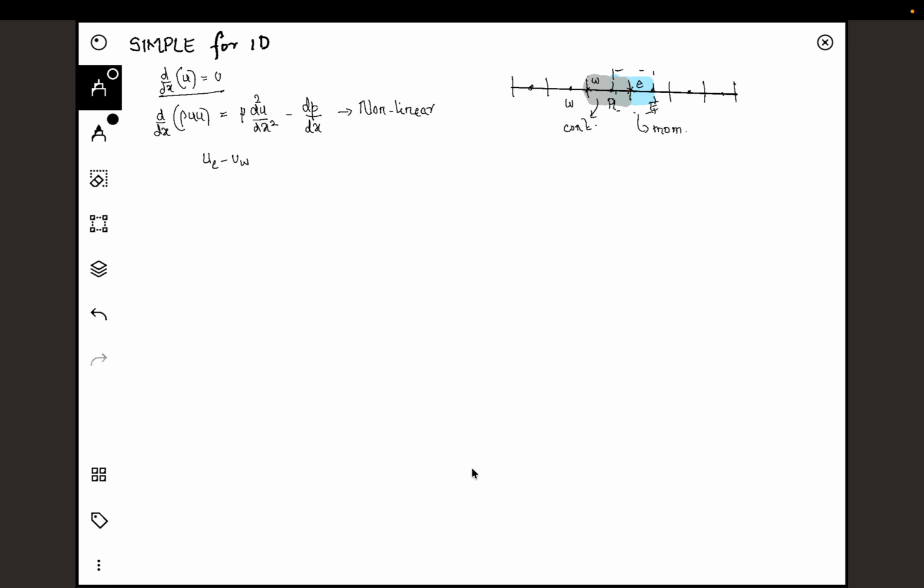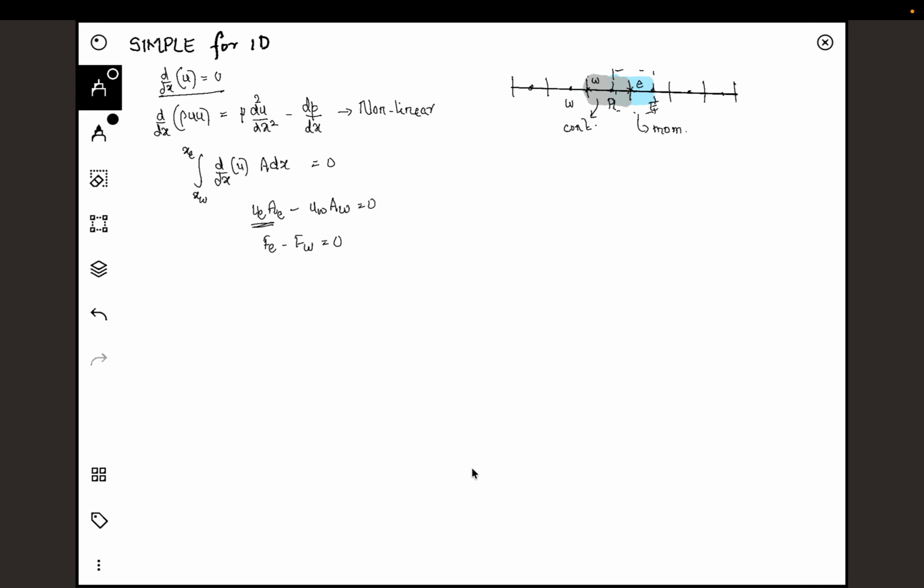Like we are doing FVM, integral d/dx of u equals 0. This will give u east A east minus u west A west equals 0, which is basically F east minus F west equal to 0. This is the equation we get from continuity.